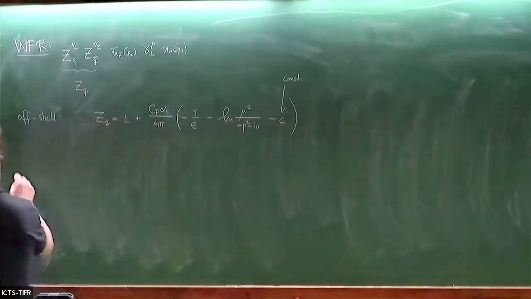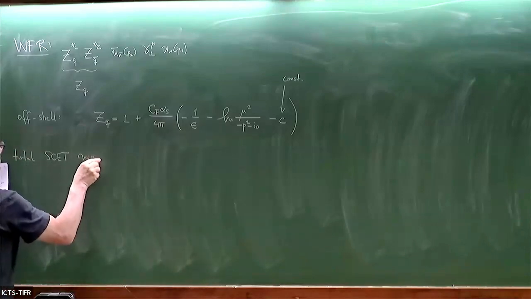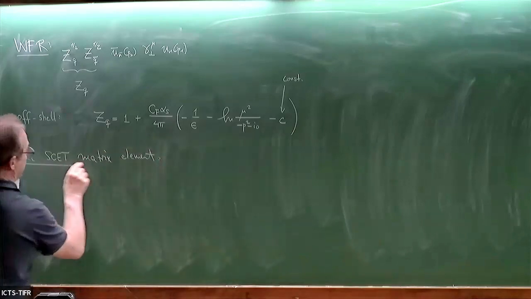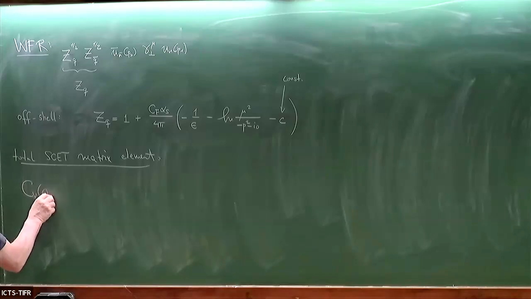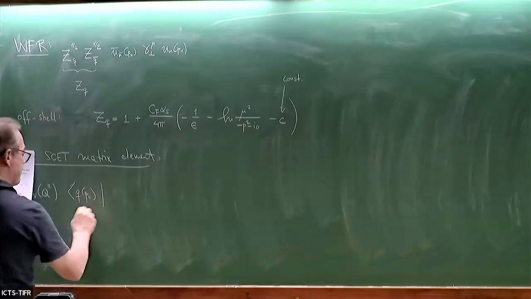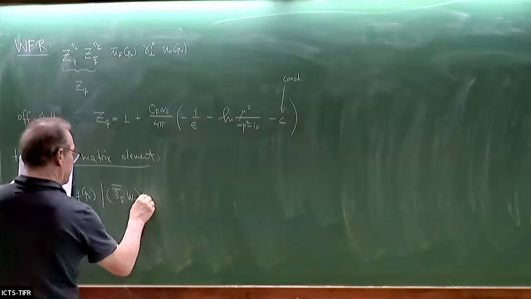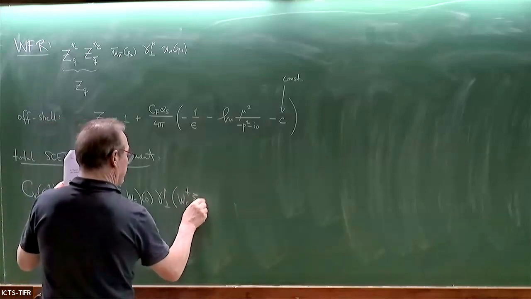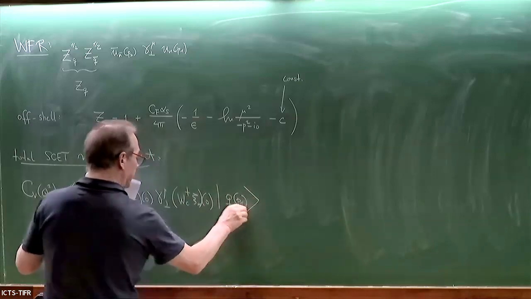So the total SCET matrix element is now given by CV of q squared times the outgoing quark P2, C n bar W C bar of 0, gamma mu perp, W C dagger, C n of 0, evaluated between quark states with momenta P1, P2.